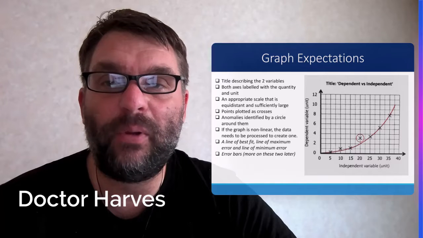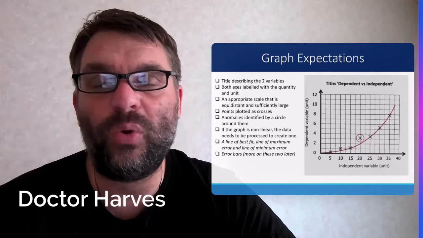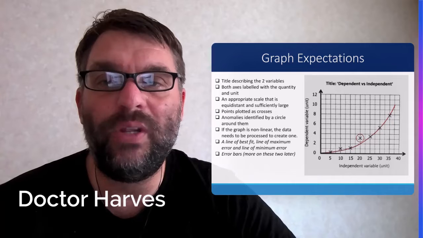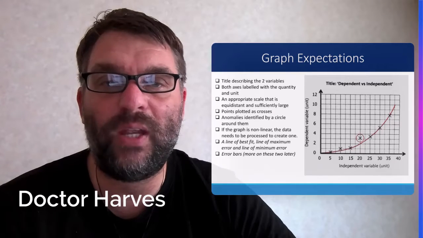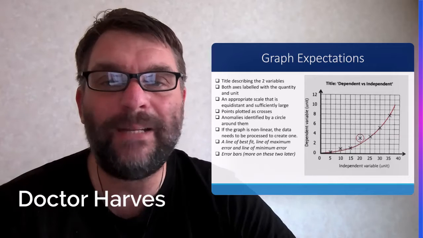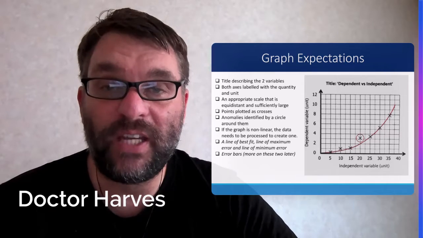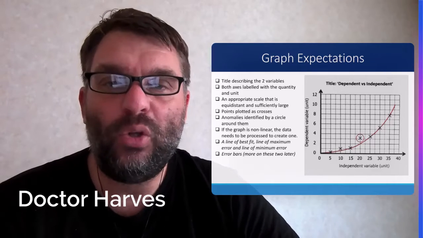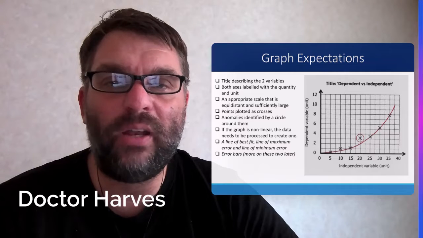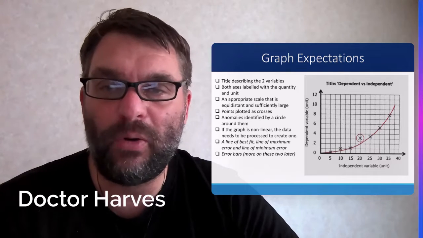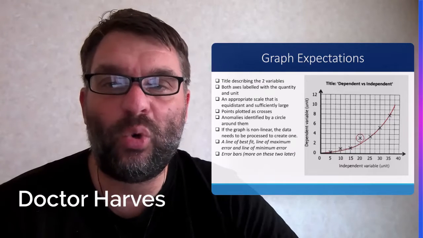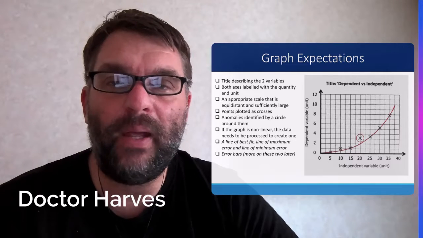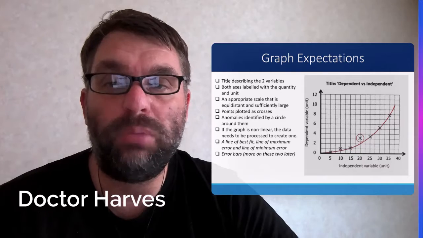So for example, if you've got a y is proportional to x squared relationship, you need to do an exponential line of best fit to get the curve to fit your data. And in terms of the second graph, because it's linear, you also need to plot a line of maximum error and a line of minimum error, which we'll look at soon. And you've also got to incorporate error bars in both of your plots.